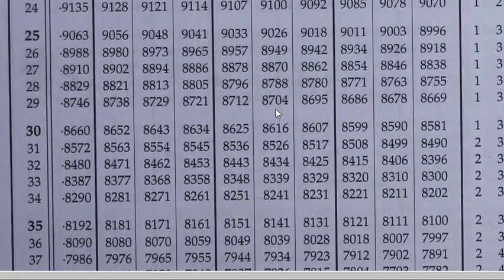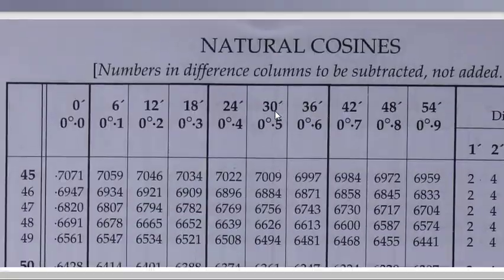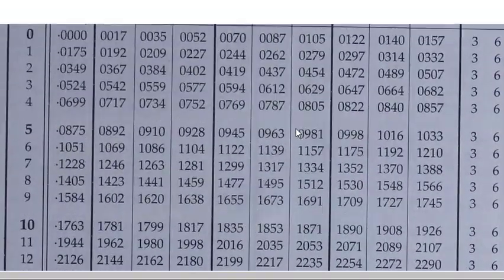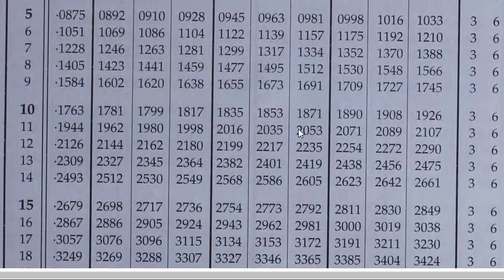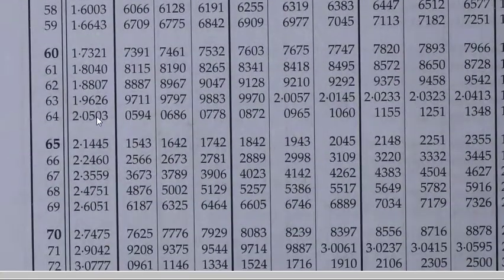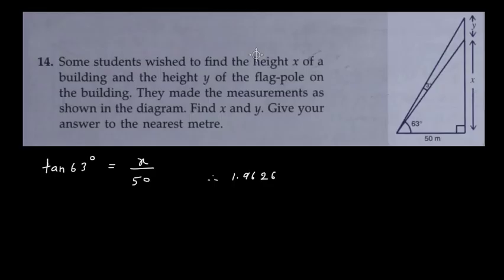This is the table, and here I have to see tangent of 63 degree. So tan of 63 is 1.9626. So 1.9626 is equal to x upon 50.